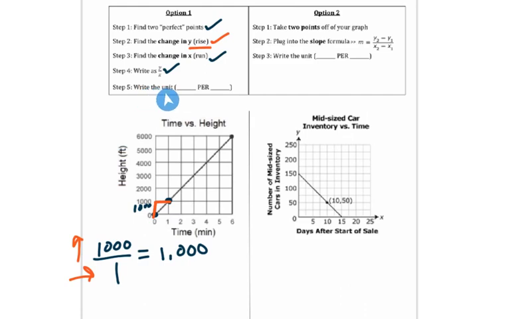Next, it says write the unit. It's going to be blank per blank. How this works, it's always the y per the x. So the y value is talking about feet, and the x's are talking about minutes.